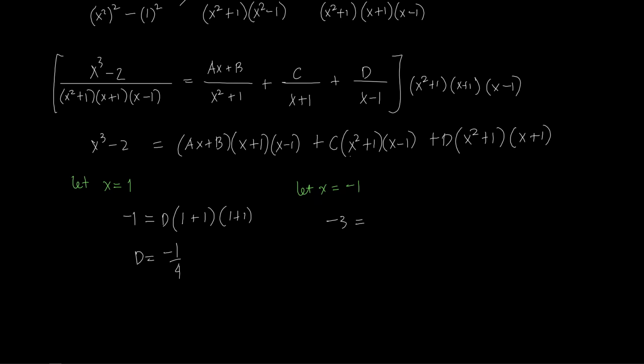So, mawala si D, mawala si A, masolve si C. So, you have C times negative 1 squared, positive 1, plus 1, times negative 1 minus 1. So, that is 1 plus 1, 2, negative 1 minus 1, negative 2, so that is negative 4. So, we have C is equal to 3 over 4. Tama? Yes, po, sir.